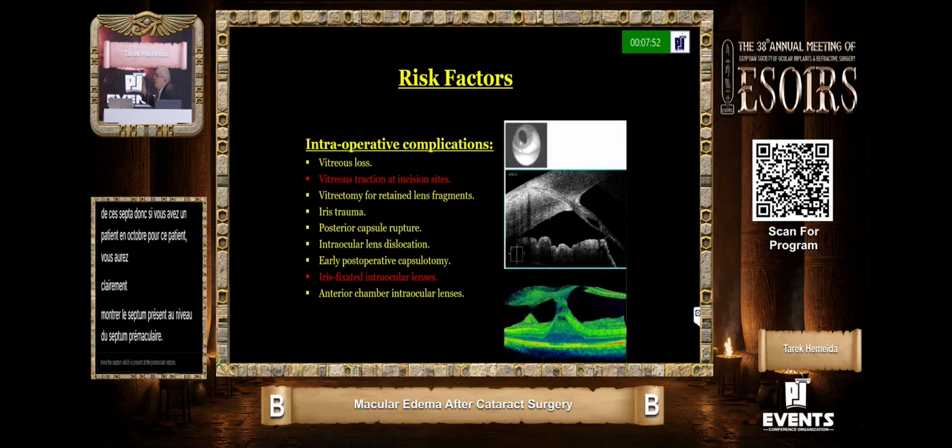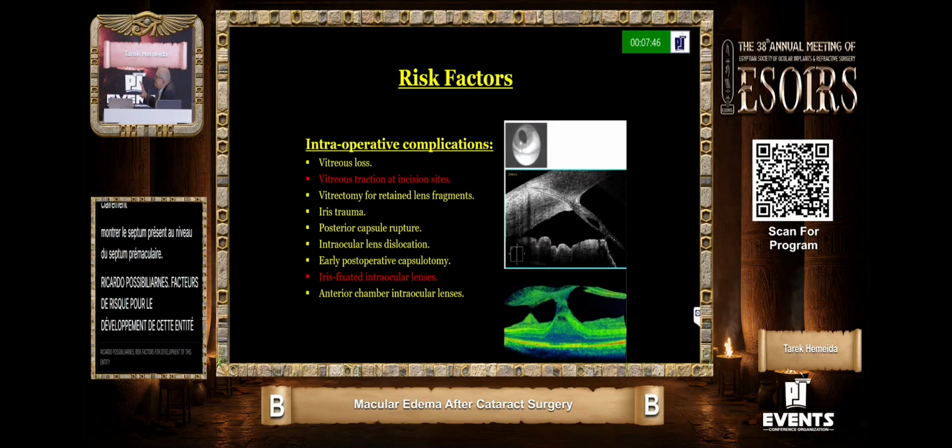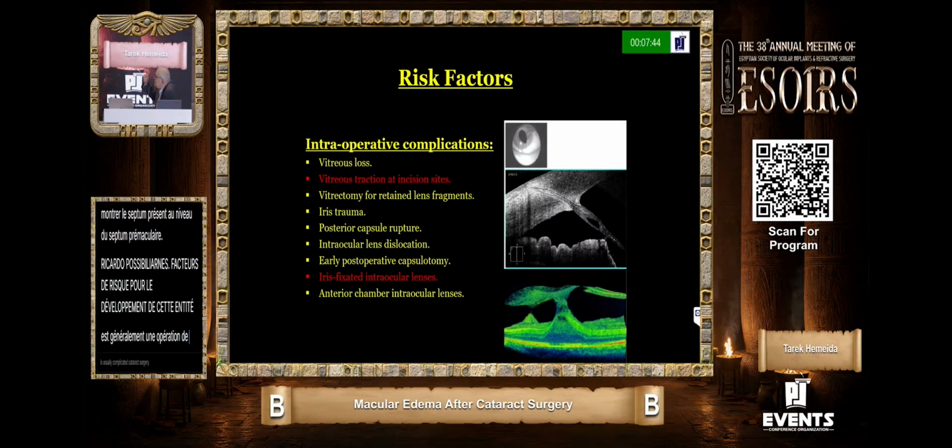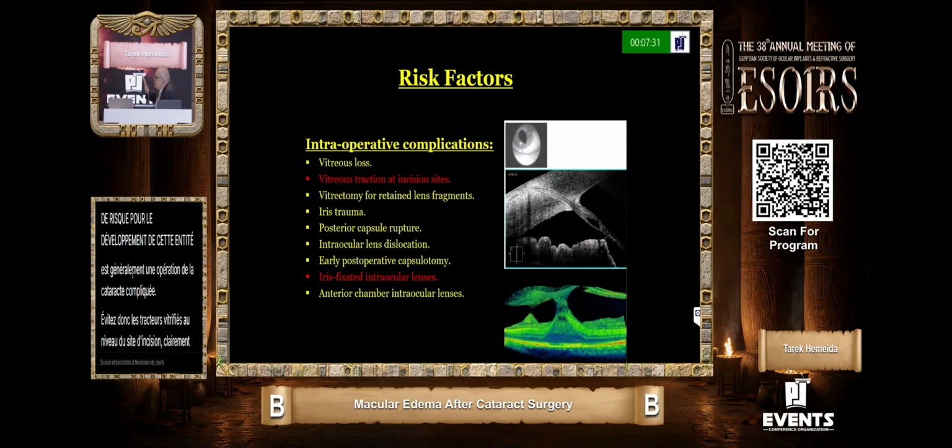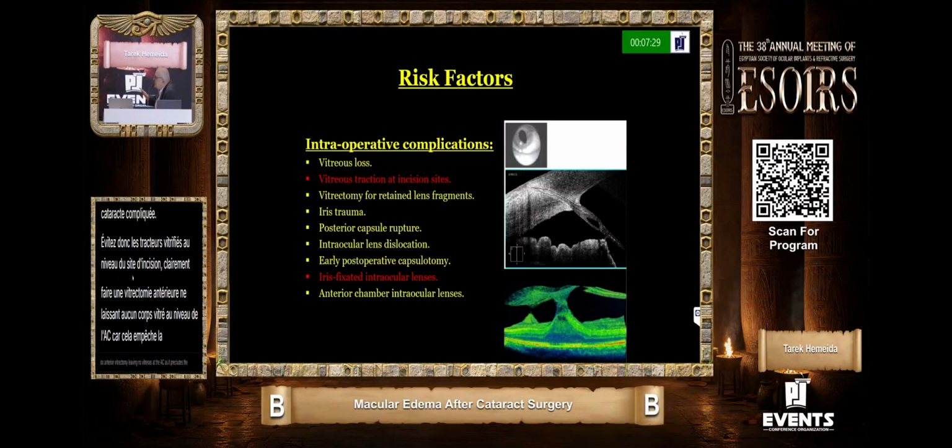A risk factor for development of this entity is usually complicated cataract surgery. So avoid vitreous traction at the incision site, and clearly do an anterior vitrectomy, leaving no vitreous in the AC, as this precludes cystoid macular edema following cataract surgery.